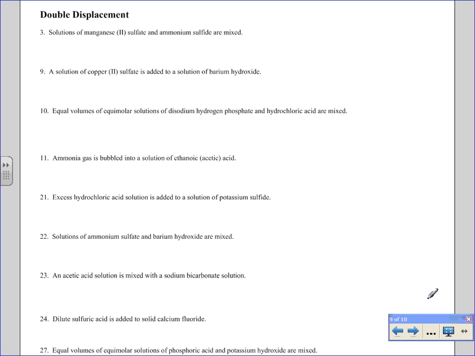We'll need to continue in a second video the double displacement examples.